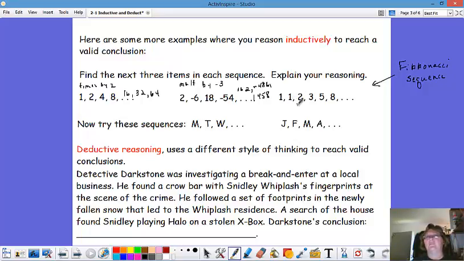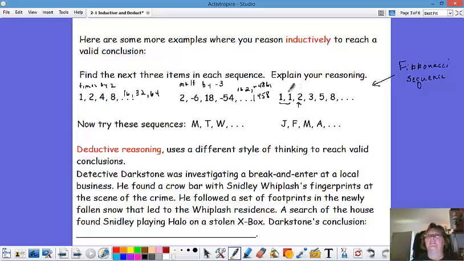So 1, 1. That's either add 0 or multiply by 1. Adding 0 is not working. Multiplying by 1 is not working here. So it can't be that. Any ideas on this one? If not, then I would suggest take a look at these two terms. Look at that, 1 and 1, and look at the third.